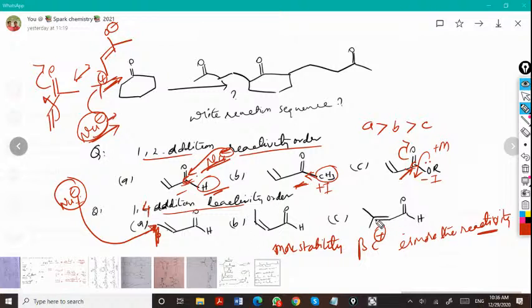It is C, because it is going to form a stable carbocation compared to the other two. So C will be more reactive. The order is C, B, A.